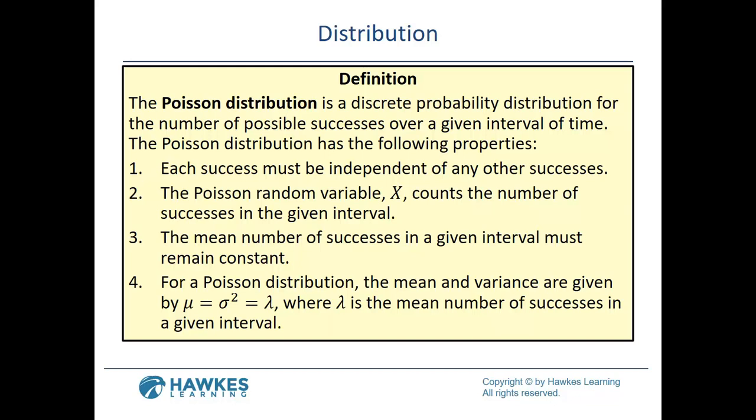Okay, so again, if you remember when we saw that lowercase sigma squared, sigma by itself without the power of 2 is our standard deviation. But when you square it, it became the variance. So basically our variance is our mean, also known as the lambda in this case here.